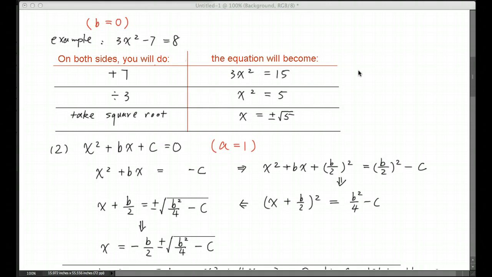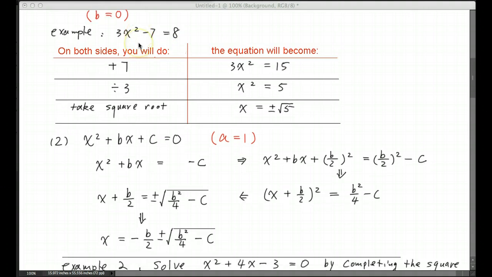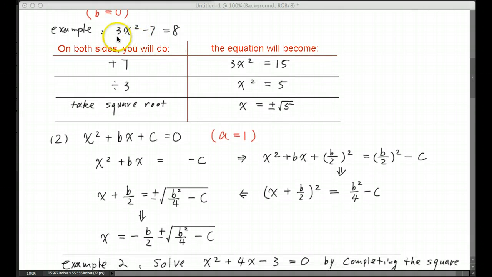Let's look at one example here. In this example I explain in great detail what you're supposed to do on both sides of the equation, and what you would get. The first step is to move all the constants to the other side, so you don't have another x.